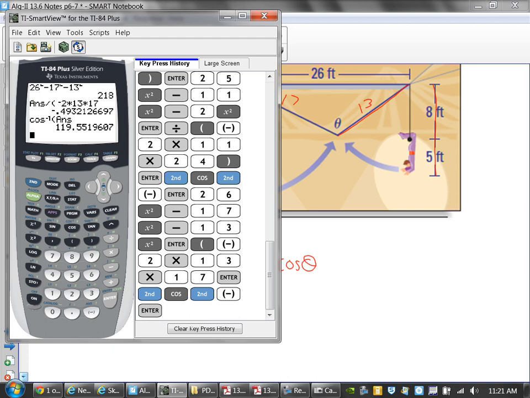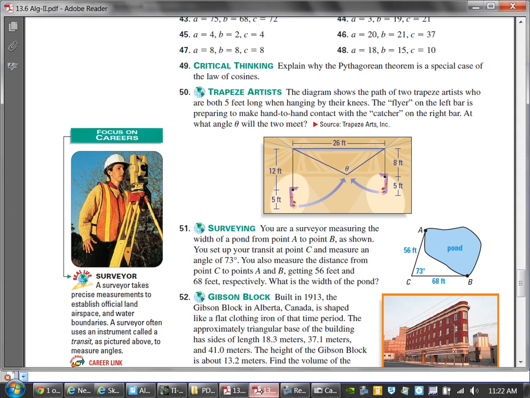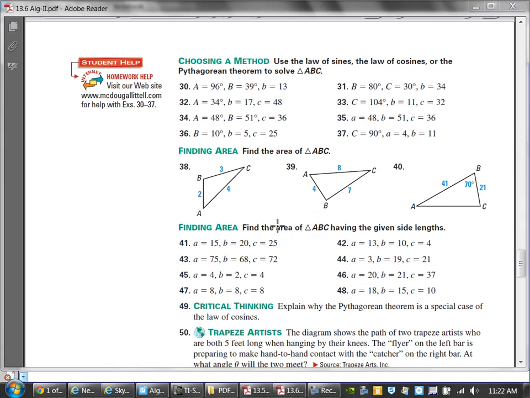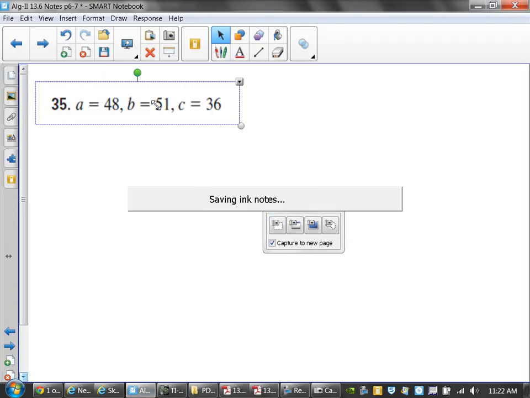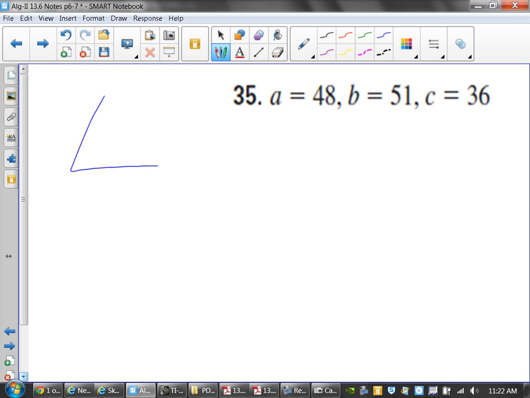Remember, I think it's like number 35. When you find an angle, what's the first angle you're going to find in this case? And why are you going to find angle B?